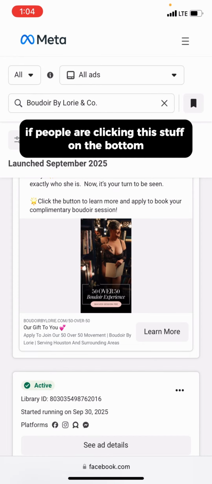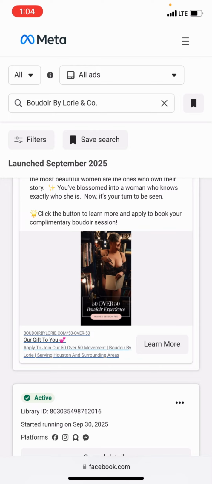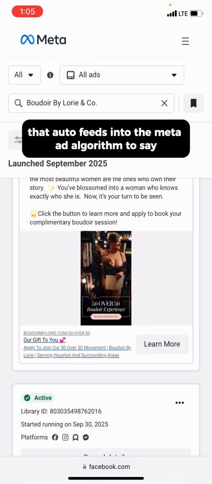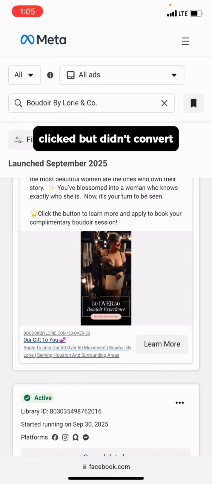So the problem is if people are clicking this stuff at the bottom before they click over, then guess what? We're filling our pool two with unqualified people. And that automatically feeds into the Meta ad algorithm to say, hey Meta, go find more people with these data points from these unqualified profiles that clicked but didn't convert.